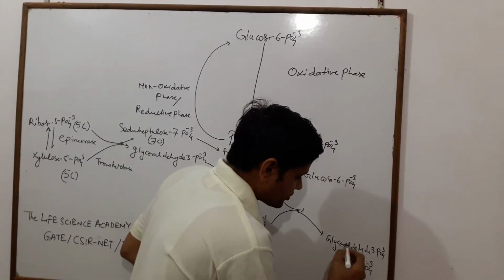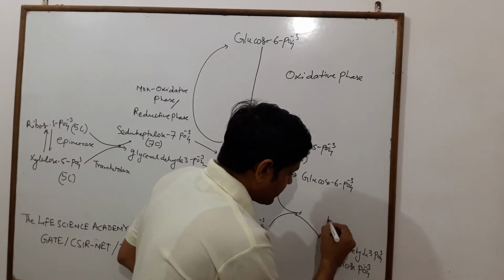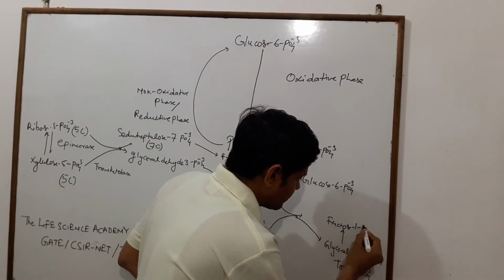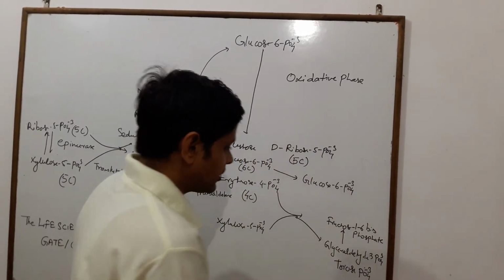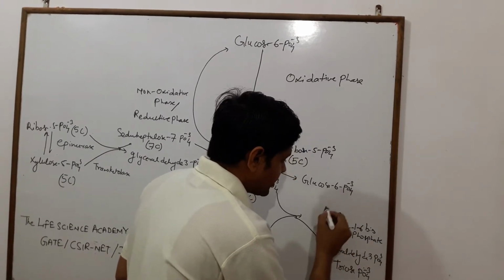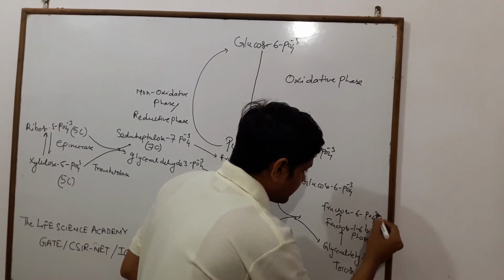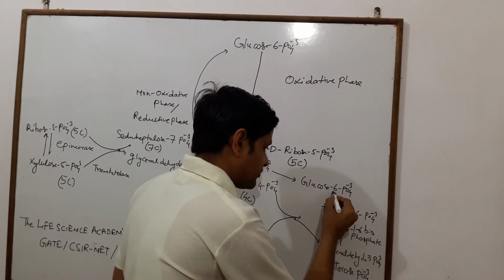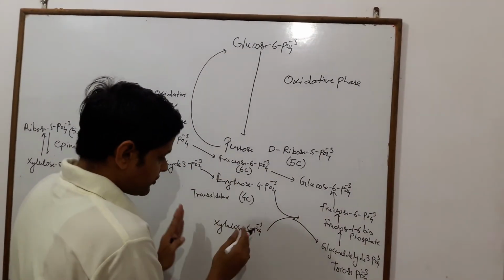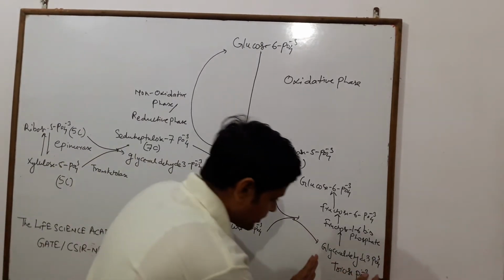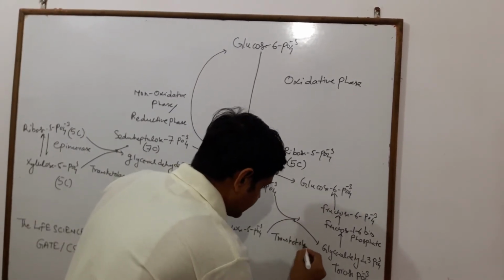The triose phosphate moves back and forms fructose 1,6-bisphosphate, which is converted into fructose 6-phosphate, and fructose 6-phosphate is ultimately converted into glucose 6-phosphate. And when erythrose 4-phosphate combines with xylulose 5-phosphate and forms a triose phosphate, this reaction occurs again with transketolase.